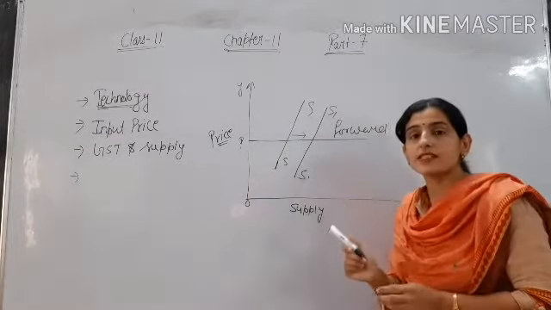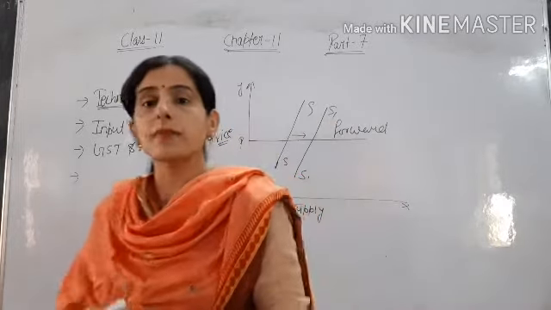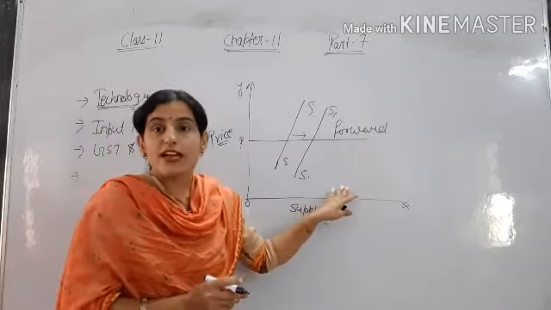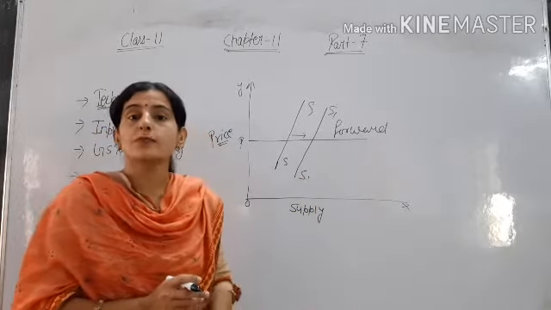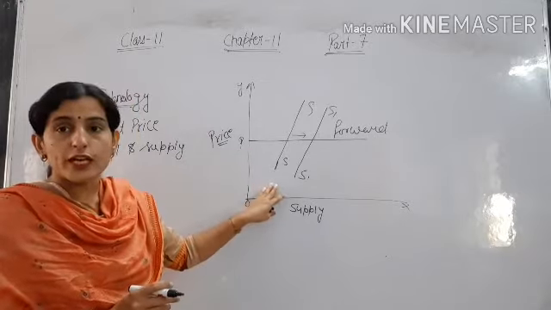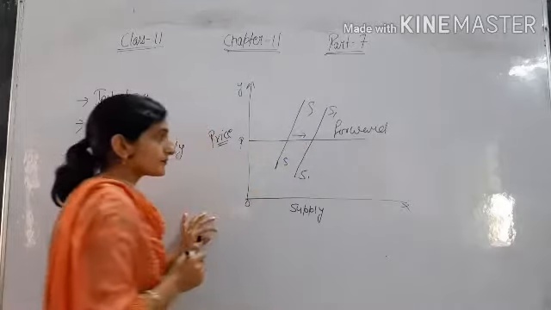If there is low cost of production, then the producer will supply more, and if the producer supplies more, then the supply curve shifts forward. It becomes SS1. Forward shift. So this is the effect of technology on the supply curve. Due to improvement in technology, the supply curve shifts forward.